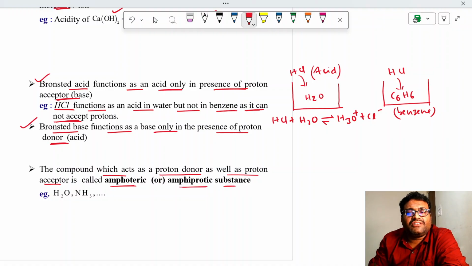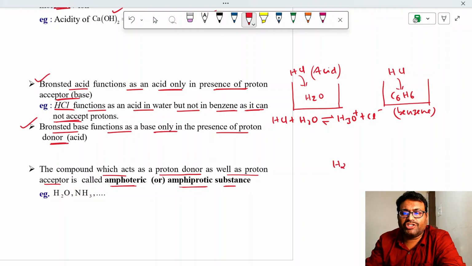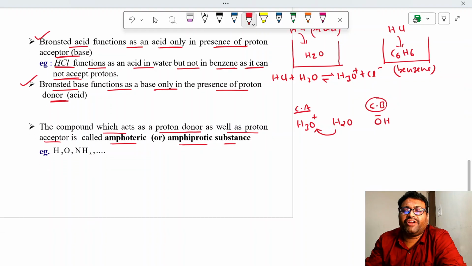substance, like H2O. See, H2O can lose a proton and convert into OH minus, so it becomes the conjugate base. It can take one proton and convert into H3O plus, which is the conjugate acid. So for H2O the conjugate acid is H3O plus, and the conjugate base is OH minus.